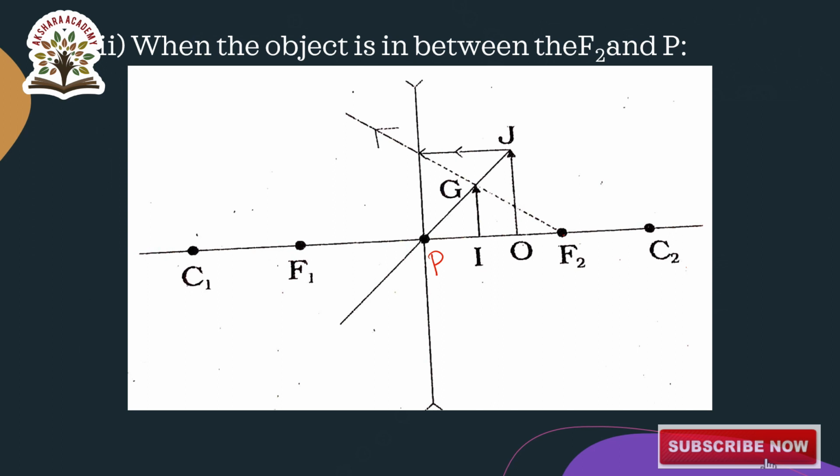One ray is parallel and appears to pass through focus, and another ray, which is passing through the optic center, is undeviated. These two rays meet at this point, known as the image point. In this case also the image is virtual, erect and diminished, and it is formed between optic center and focus.